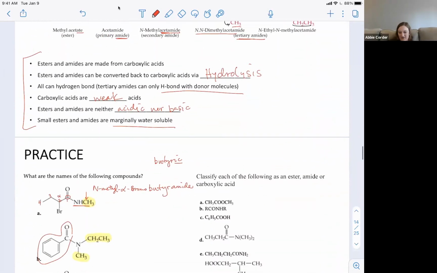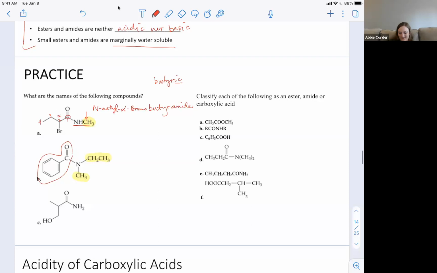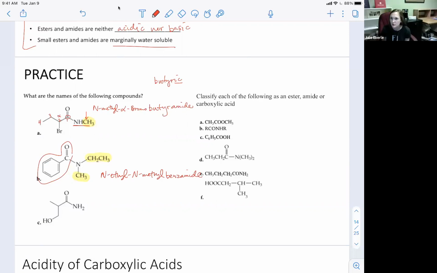I think I might have it, but I don't know. Okay, tell me, Abby. So what I put was N-ethyl, N-methyl, and then benzamide. Okay. Look at you. Anybody agree or disagree?